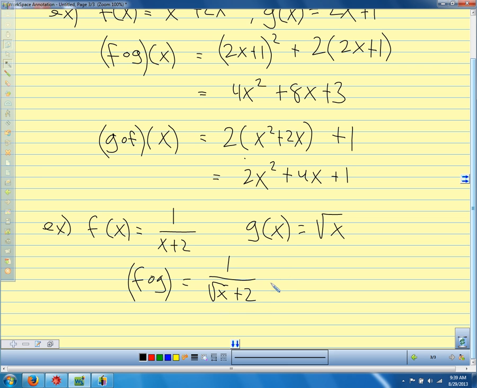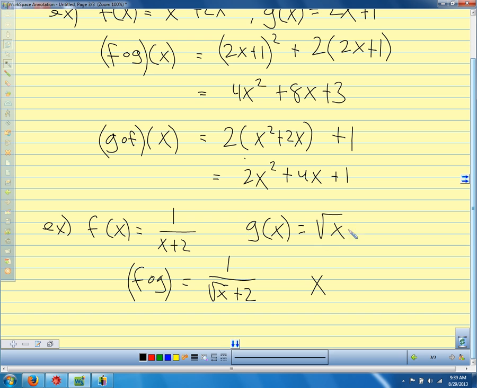Okay, very nice. Now, because I have this fraction, I need to worry about my domain restrictions. So just looking at f of g, what would we say our domain restriction would be for f of g? It has to be positive because we can't take the square root.